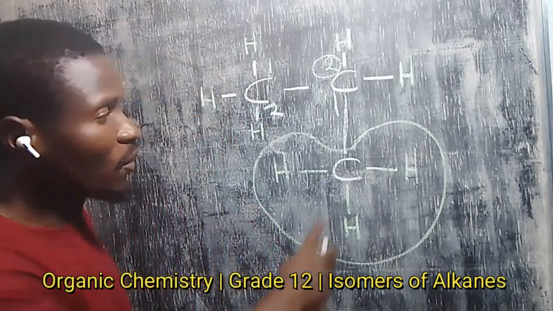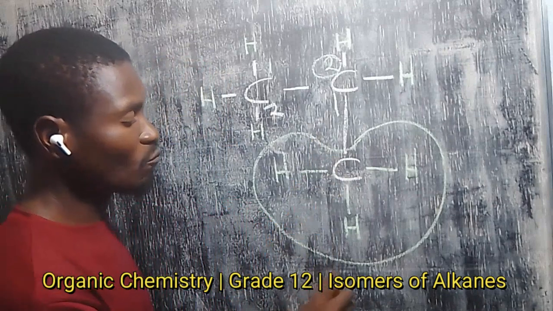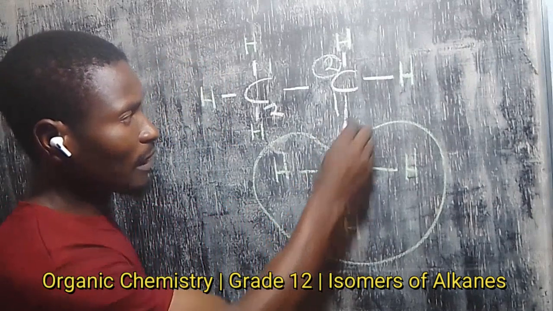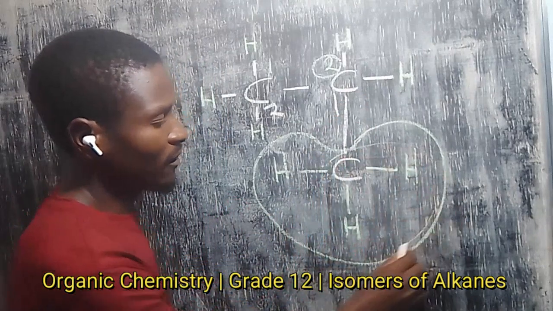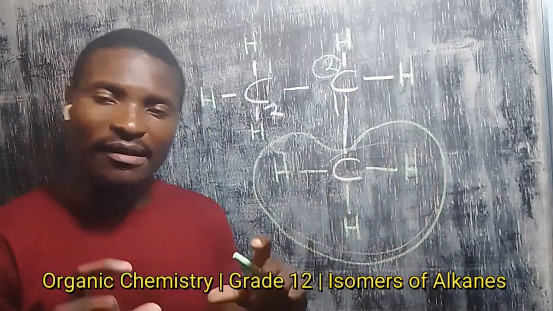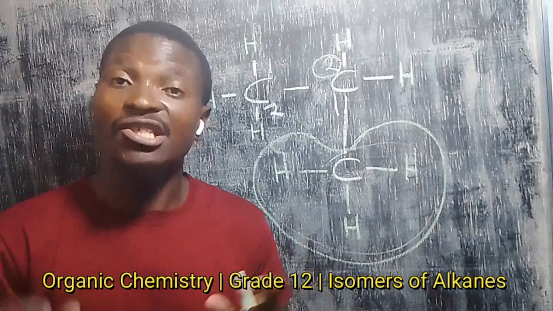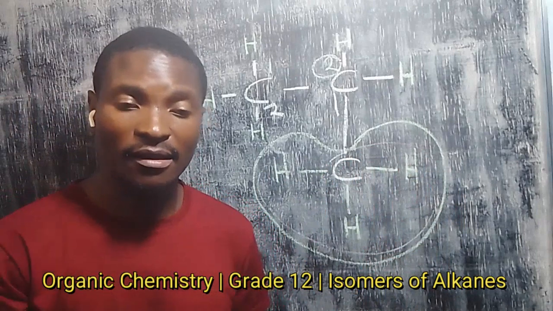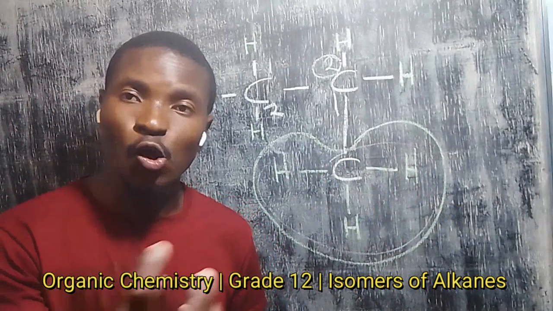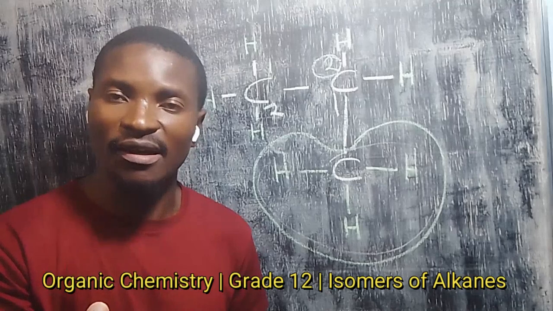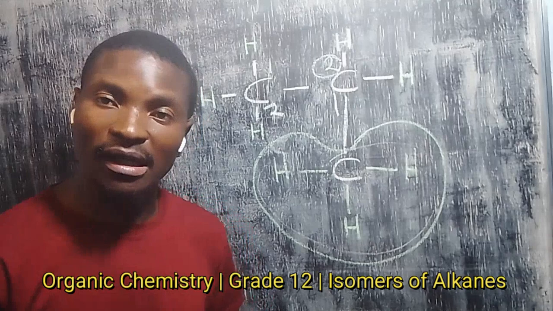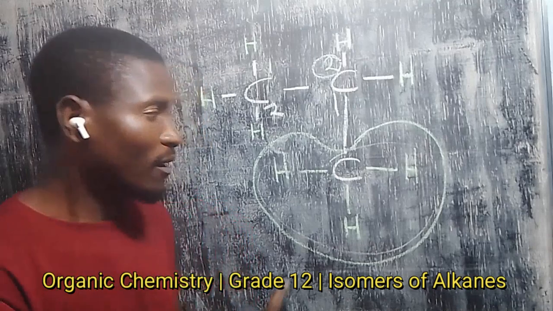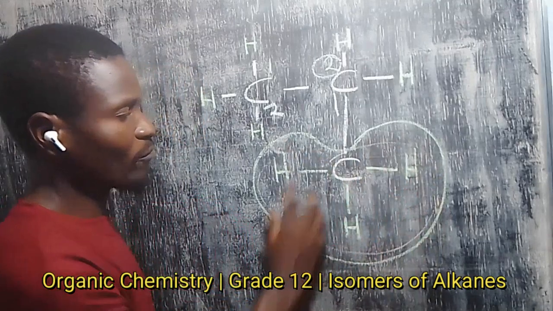So what is going to happen is that now we have located the branching off, and then you have to identify the derivative from the branching off, the group or the substituent, a kind of radical.